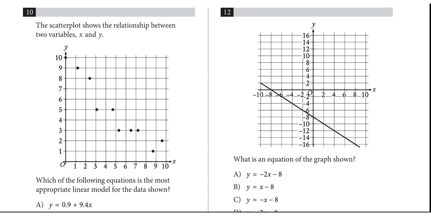The first thing we need to realize about this scatter plot is that it is coming from the top down. That simply means that the slope is going to be negative.